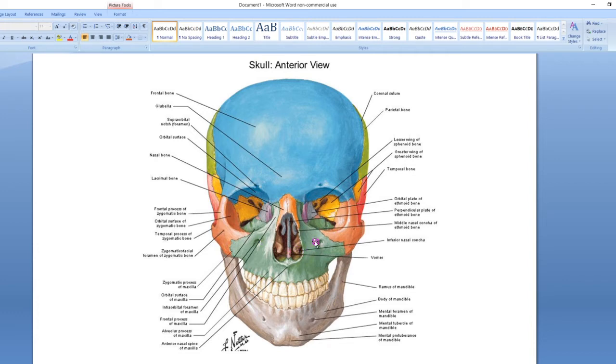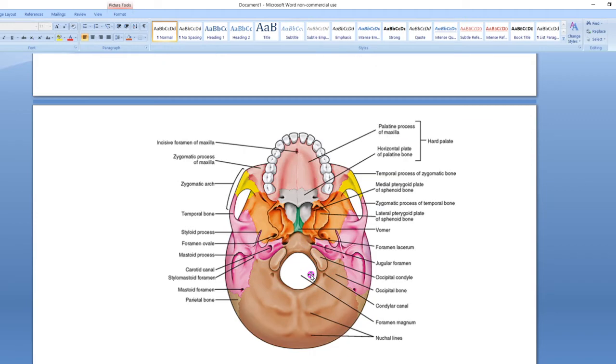Now our next bone is making up part of the roof of our mouth. Now, the maxilla makes up part of the roof of your mouth, and these other bones, called the palatine bones, make up the rest of the roof of your mouth. So if you look at my third diagram here, you'll see here's our upper teeth. We're looking at the inferior aspect of our skull, or the bottom of our skull. Now, this pink bone is all your maxilla. So it makes up most of the roof of your mouth.